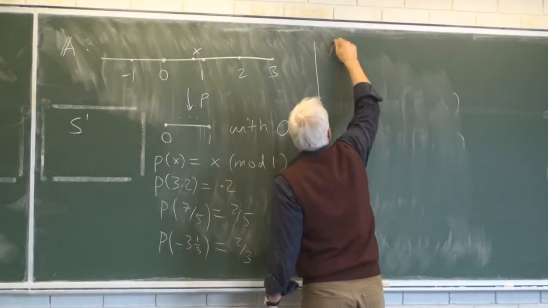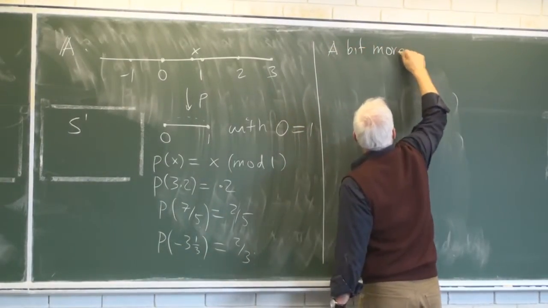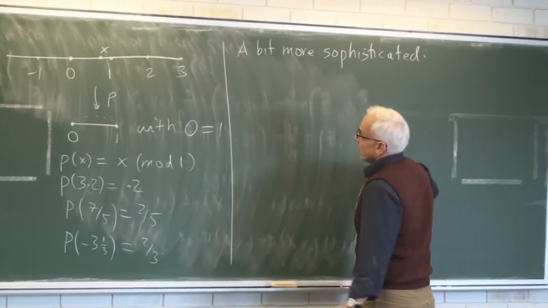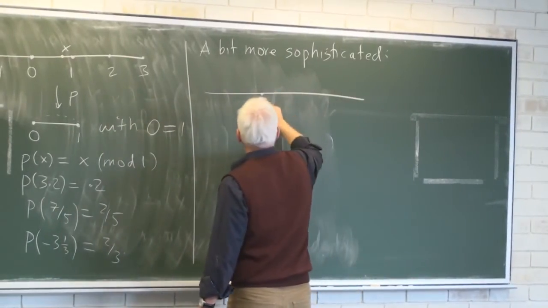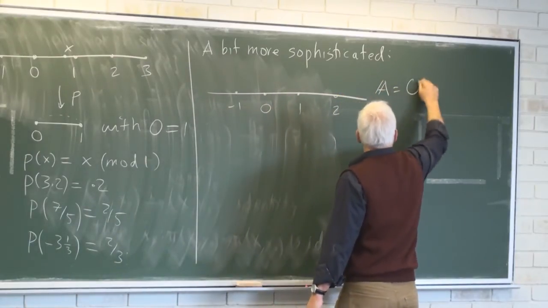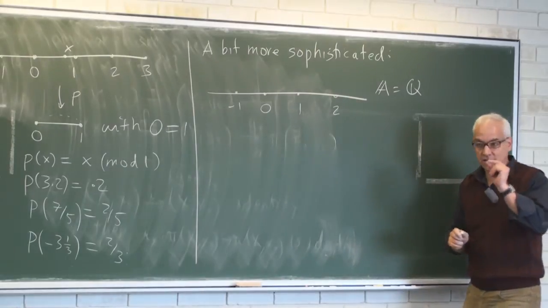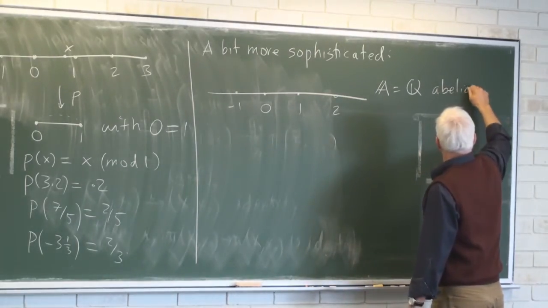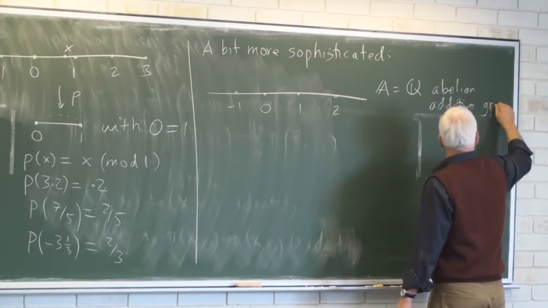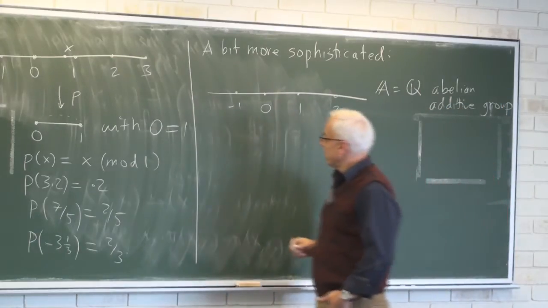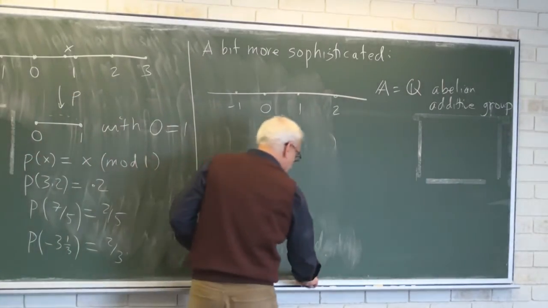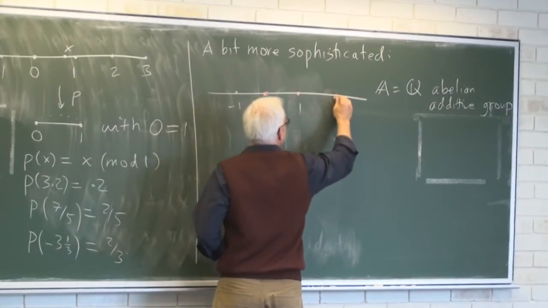So if we think of our line as being the rational numbers as an additive abelian group, then we can think of the subgroup Z. The subgroup Z just consists of the integral points.